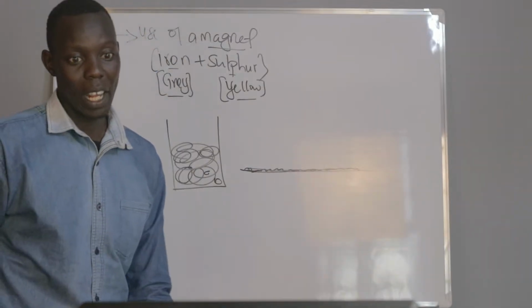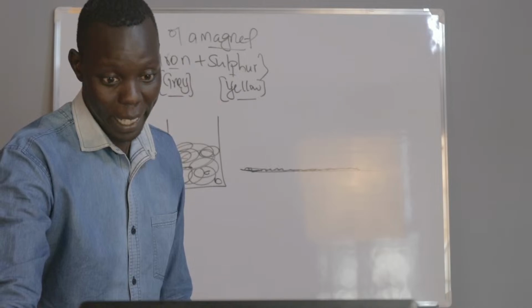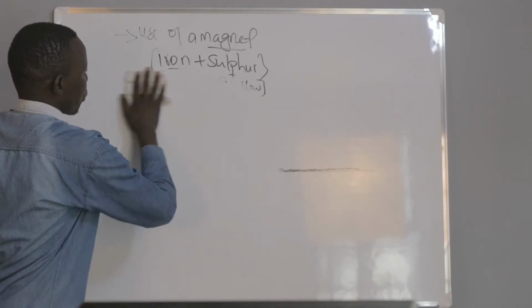So that was our first method. It's called magnetism. So let's proceed. Let's look at another. Method number 2 is sublimation.